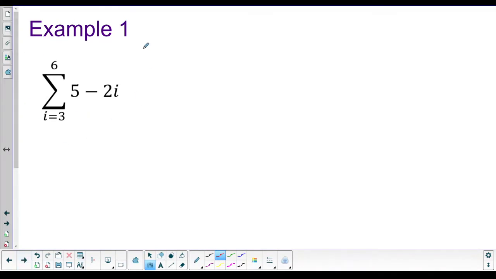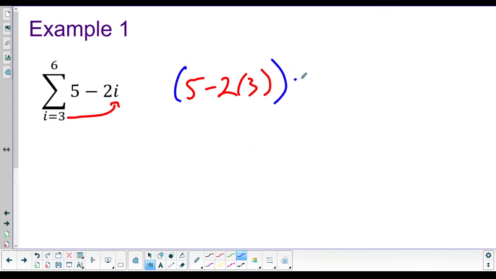All right, so let's do this first example. They want us to take this sequence, whatever sequence is described by this rule, and add up the 3rd, 4th, 5th, and 6th terms in that sequence. So the first thing we're going to do is plug in 3 into I. So we're going to have 5 minus 2 times 3. We're going to take this thing, and then we're going to add it to the next one.